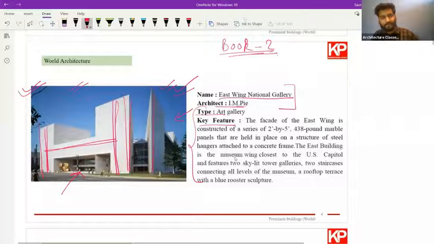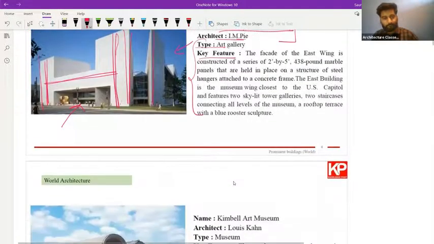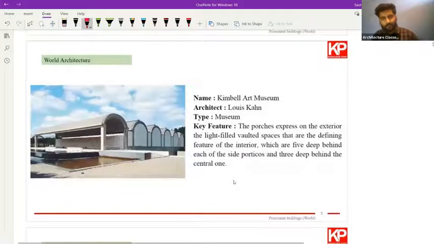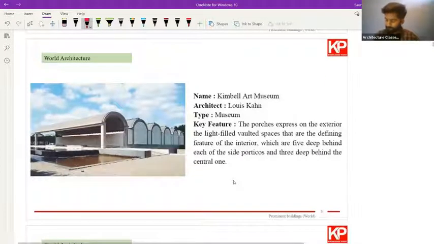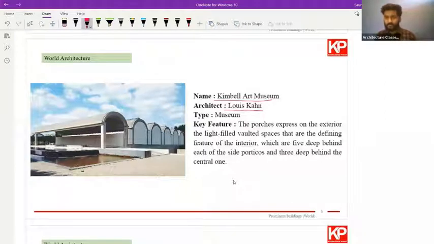Let's continue with the subject and look at another example. We have the Kimball Art Museum by Louis Kahn. Can anyone tell me what features will click in your mind so that you can remember this image?